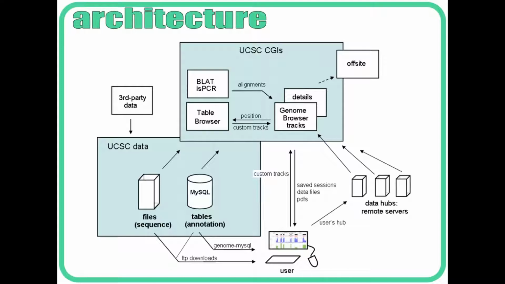An example of the kind of third-party data we may import would be all of the RNAs from GenBank, which are typically brought into UCSC every weekend. We download everything from GenBank that we don't already have, and then align all of the RNAs to all of the organisms. We're now at 200 different genome assemblies from roughly 125 different animals.